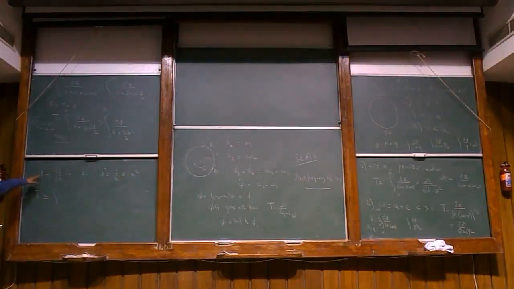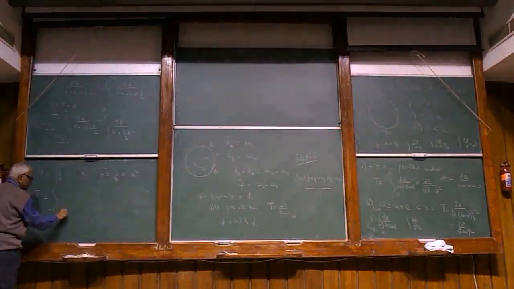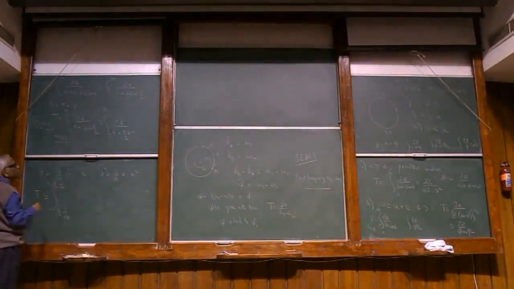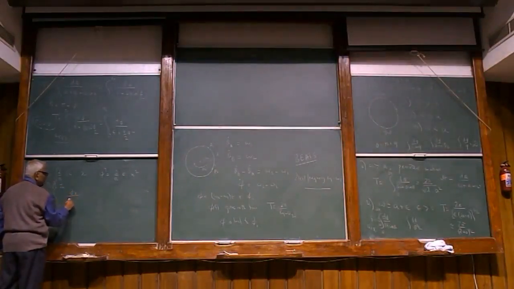So the limits on x are minus pi into square root of a by 2 into 1 over root epsilon, and pi into square root of a by 2 into 1 over root epsilon, and this is dx over 1 plus x squared.